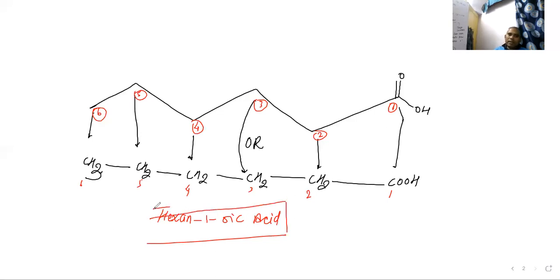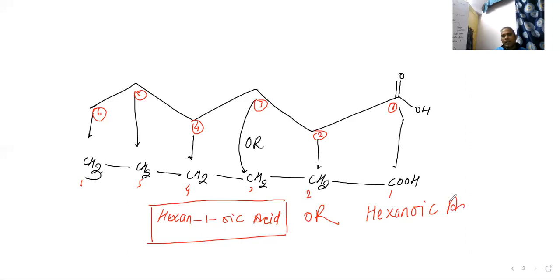The rule is saying if the functional group is on the first position, you need not mention the position. So you can also explain it as hexanoic acid. This is also going to be correct. Getting it? Yes.